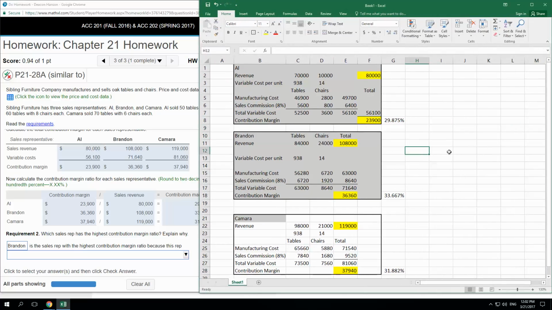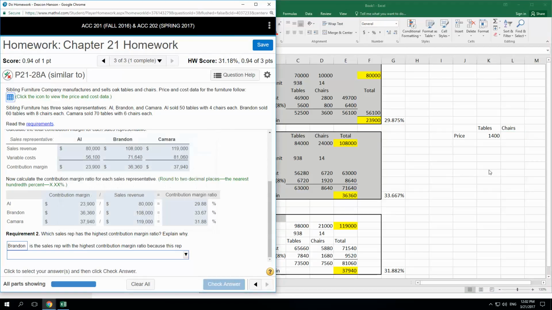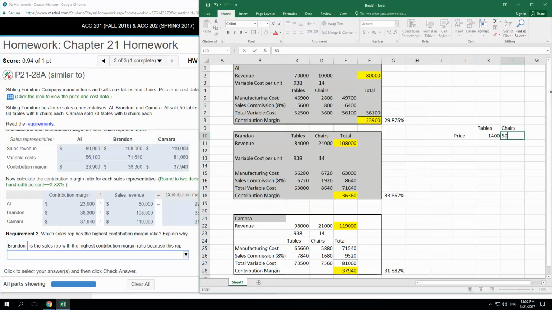Let's see. I'll do a little side thing over here, right? So sales price, it's $1,400 for tables, and chairs go for 50. Double check. Yeah, we sell them for 50. Okay. And variable costs, right?